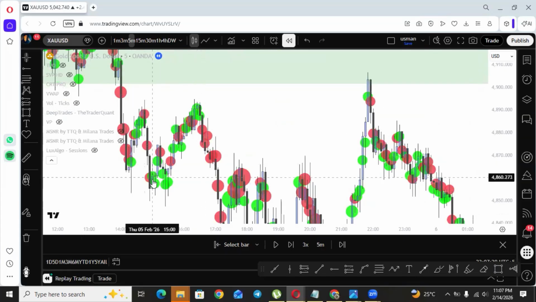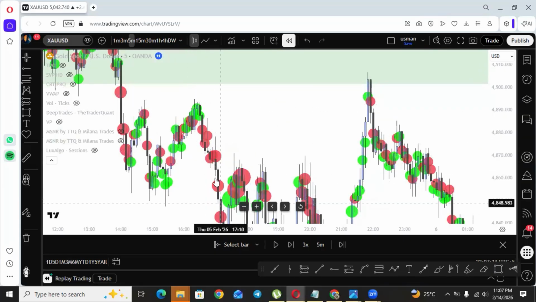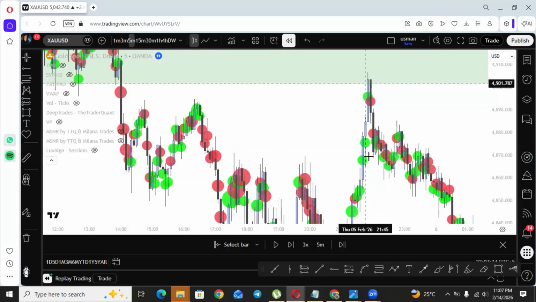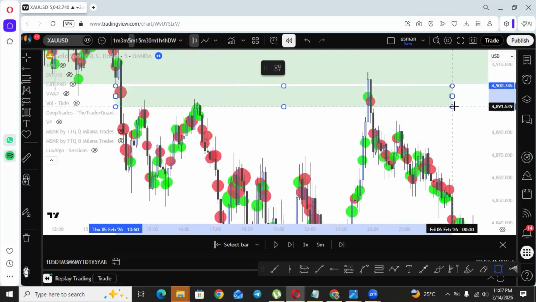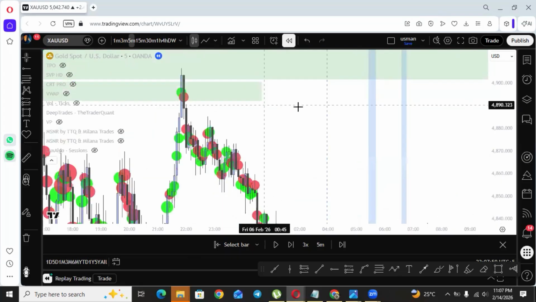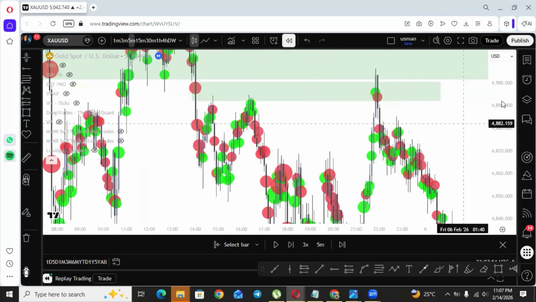Then again sellers take it down. Again sellers push the market down at this point. And again buyers tried one last effort, and sellers again pushed the market down. So this area was an interesting area for us.